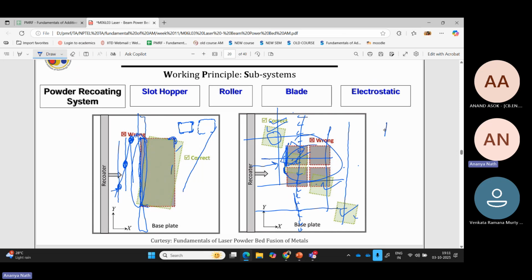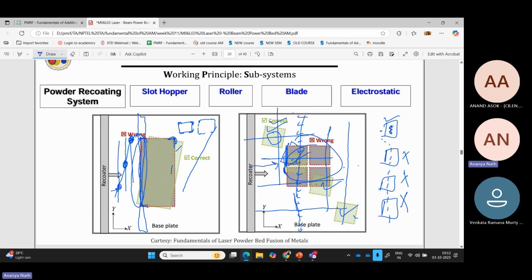If you place the cubes like this, and if one cube gets damaged, then the residue, because of the rupture of the recoater blade, can fall down on these parts, and these parts will also get the effect of this part. So I don't want that to happen.